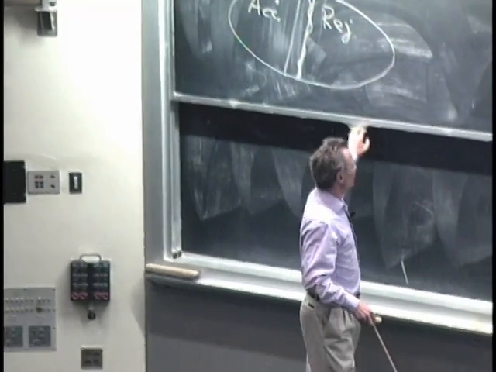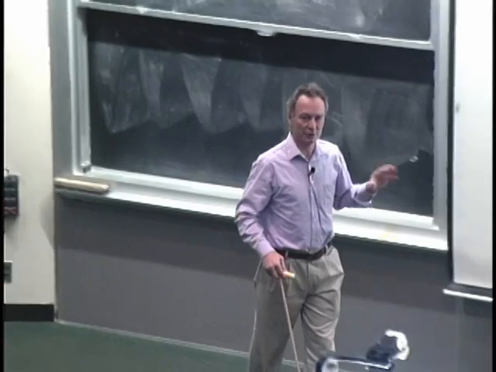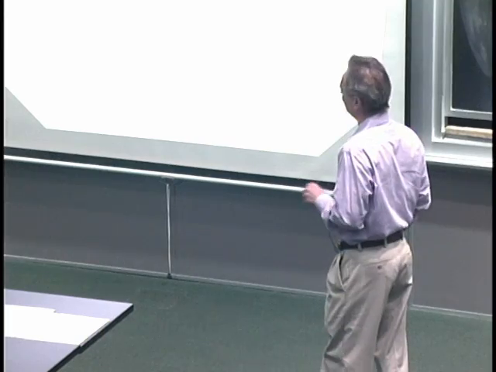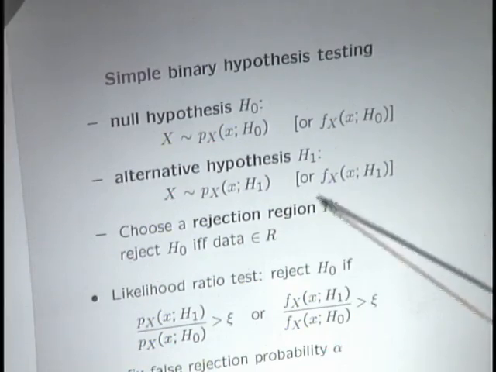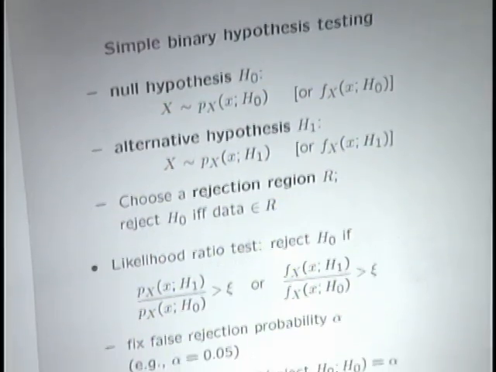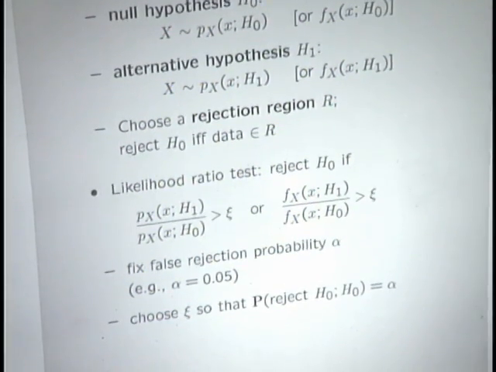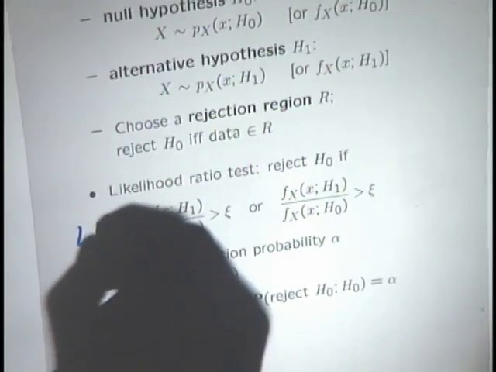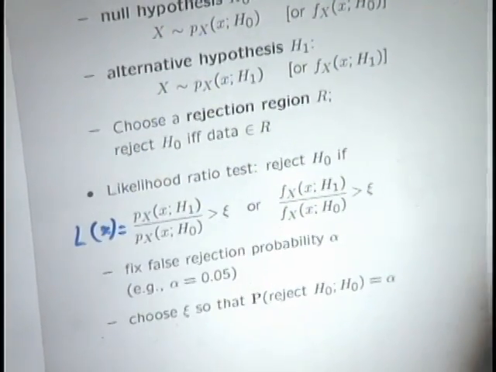The first issue is to decide the general shape of your rejection region, which is the structure of your test. And the way this is done for the case of two hypotheses is by writing down the likelihood ratio between the two hypotheses. So let's call that quantity L of x. It's something that you can compute given the data that you have.